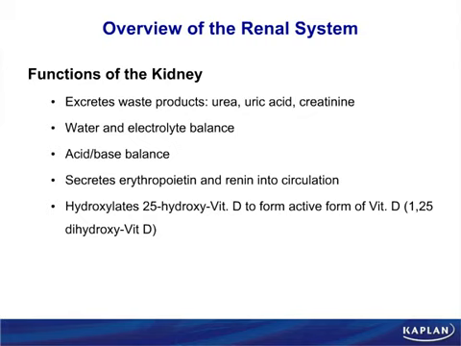The kidneys secrete the hormone erythropoietin and the enzyme renin into circulation. The kidneys are also responsible for hydroxylating 25-hydroxyvitamin D to form the active form of vitamin D, which is 1,25-dihydroxyvitamin D. And these are the functions of the kidneys.